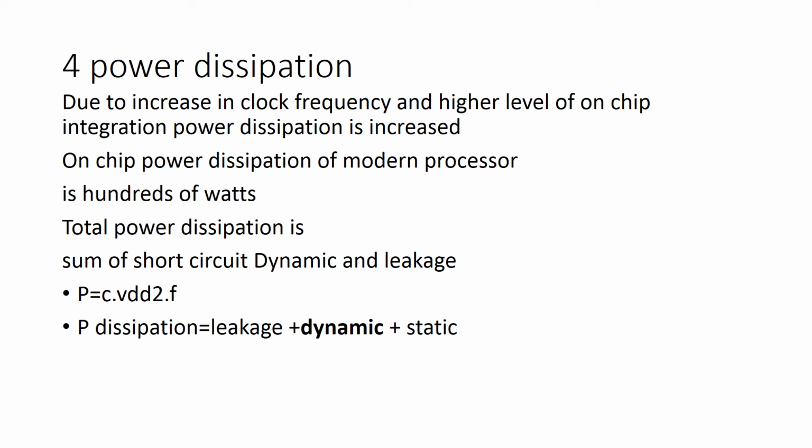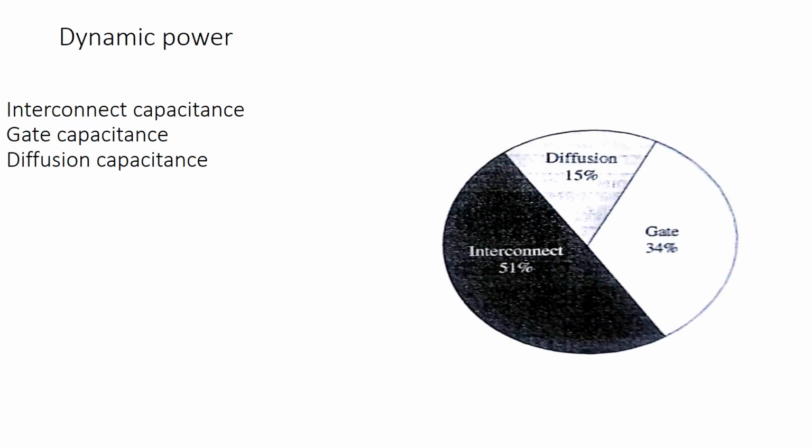You can see static power is given as VDD squared into F into C. So power dissipation is leakage power plus dynamic power plus static power. You can see here the breakdown: 51% is interconnect power dissipation, 15% is diffusion capacitance and 34% is because of gate capacitance. So this is how power is dissipated.